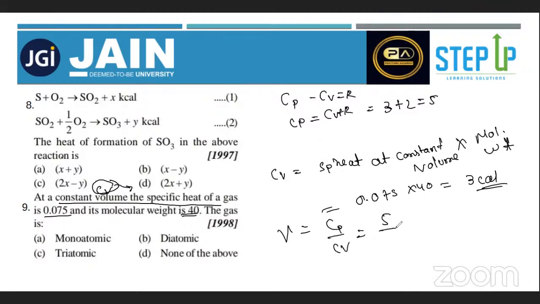Cp is 5, Cv is 3. This basically comes to 1.66, which is the value of gamma in the case of a monoatomic gas. So using this, I can find out that it's a monoatomic gas, right? Okay, it's a monoatomic gas.